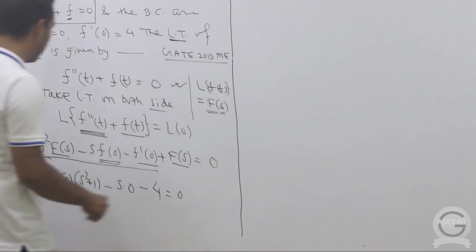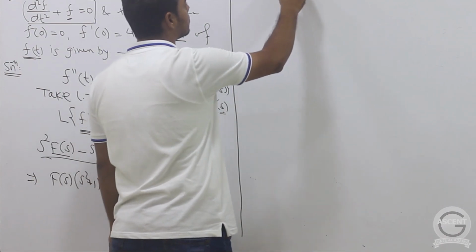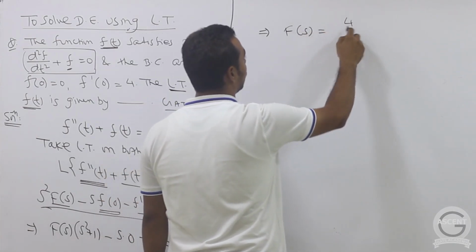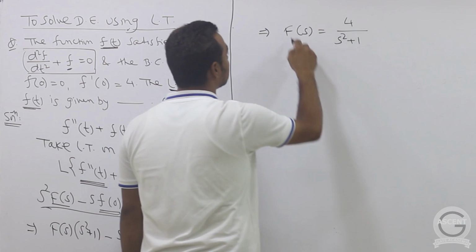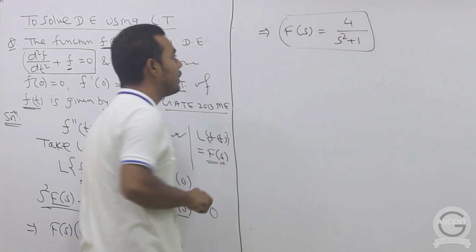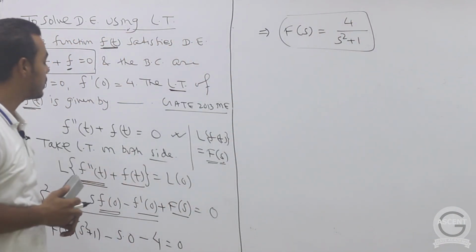So from here you can easily see that F of s equals 4 by s square plus 1. So the answer to the given problem will be 4 by s square plus 1.